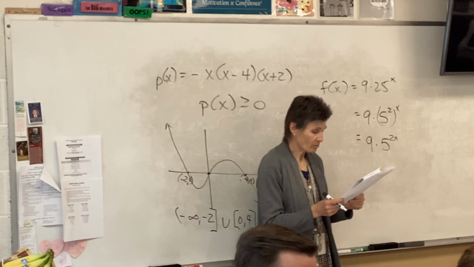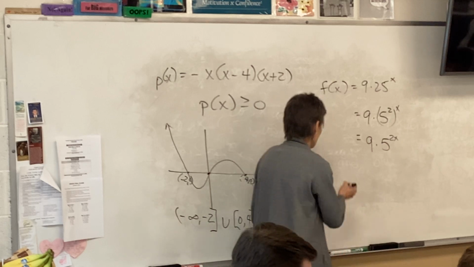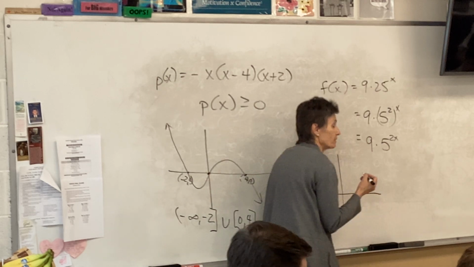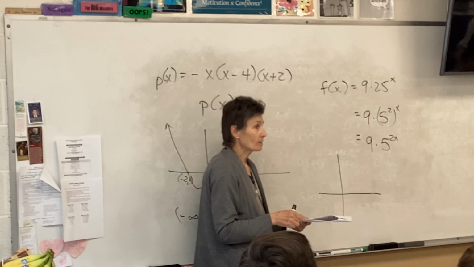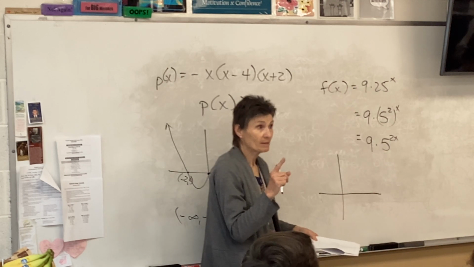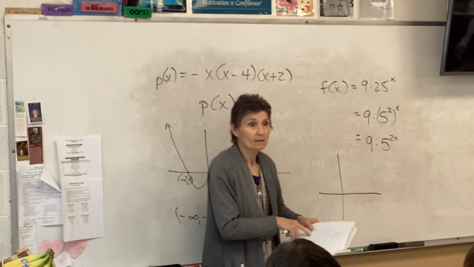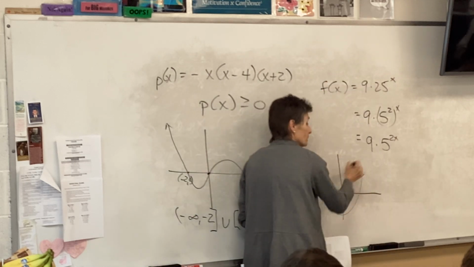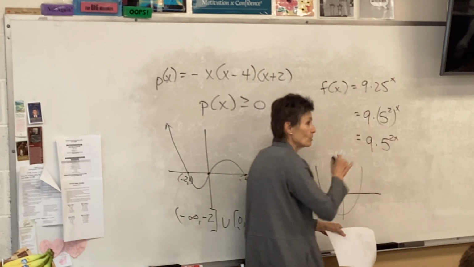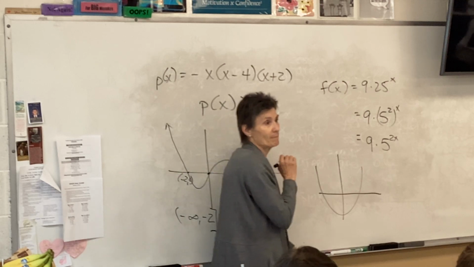Which of the following describes the end behavior of the function? Okay, tell me about this function. It is a 6th degree. That is even. It has a positive leading coefficient. So it is up, up. Whatever's going on in the middle there, who cares? It's up, up on the ends. So what's my end behavior?